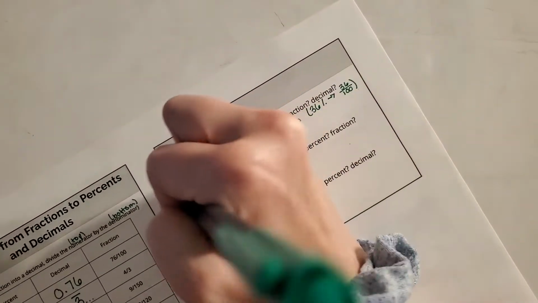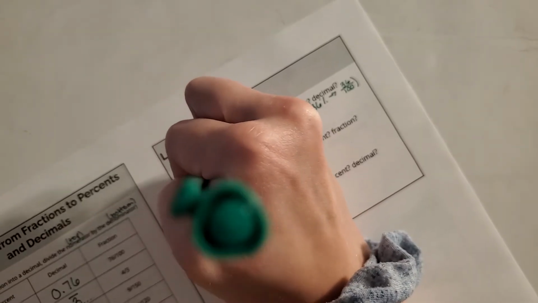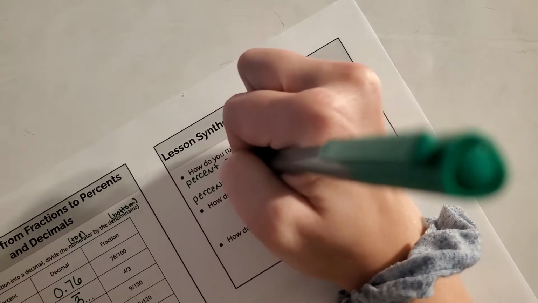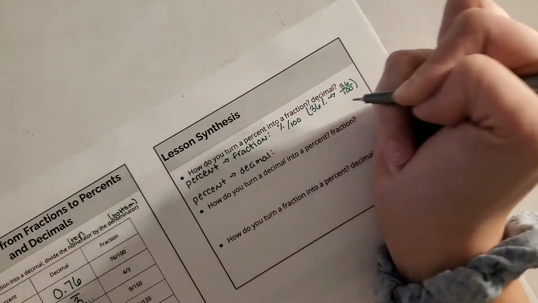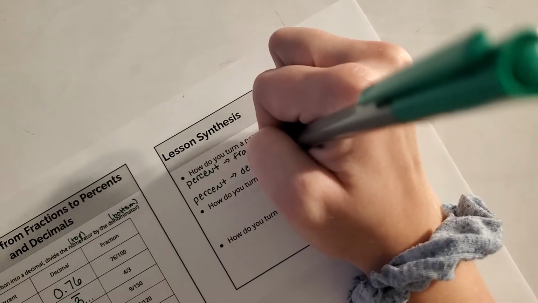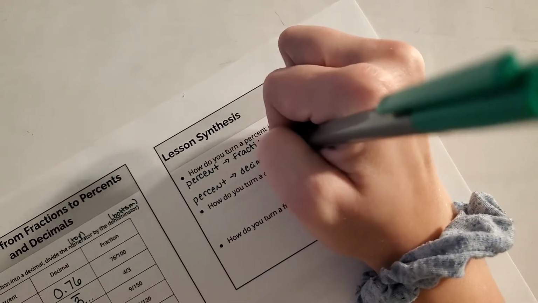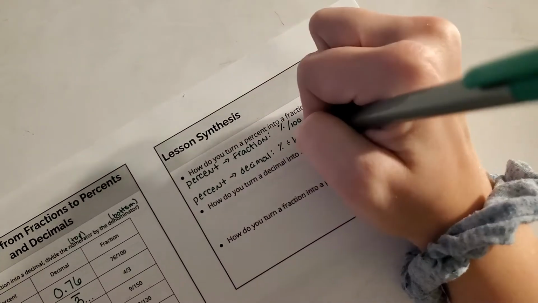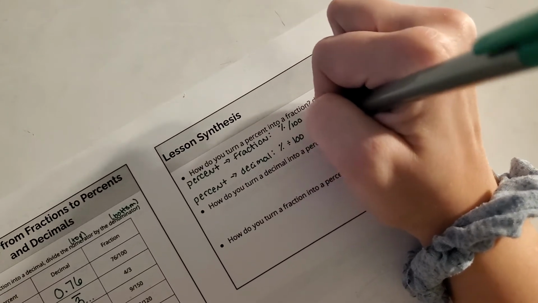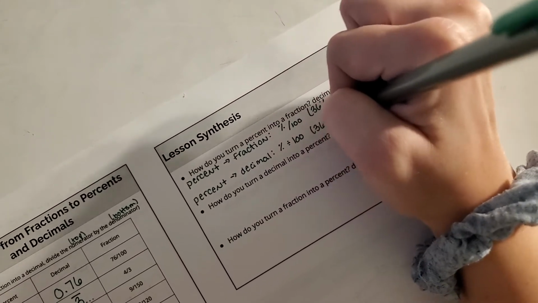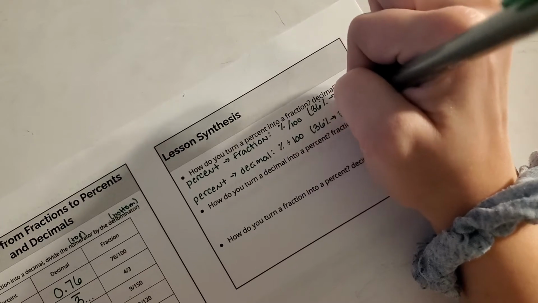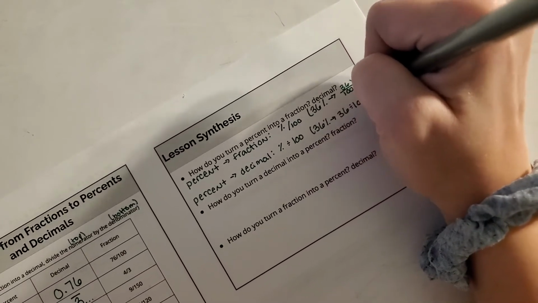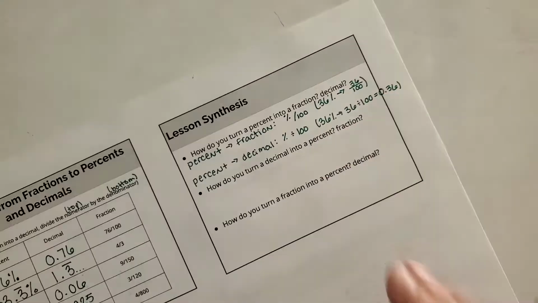To turn a percent into a decimal, I'm going to take my percent and divide it by 100. So if I have 36%, I'm going to do 36 divided by 100. I would get 0.36.